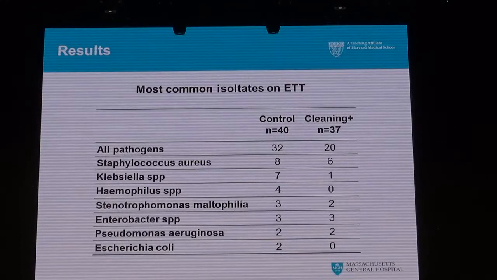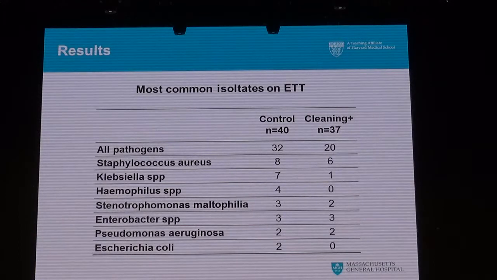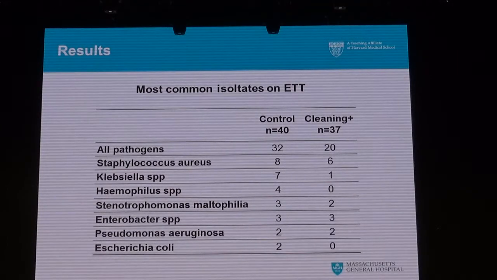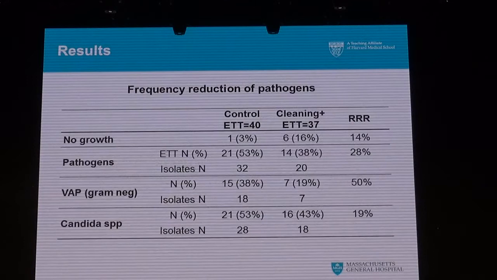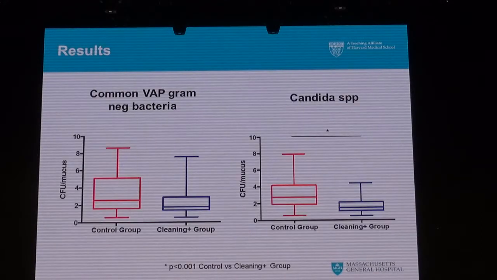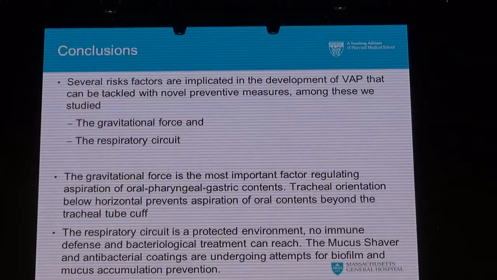And in terms of colonization of the endotracheal tube in these prolonged ventilated patients, there was no difference. The same bacteria were colonizing a standard endotracheal tube with the normal technique of suctioning as the cleaned endotracheal tube. Let me just move on. So there was really no difference in bacterial colonization.